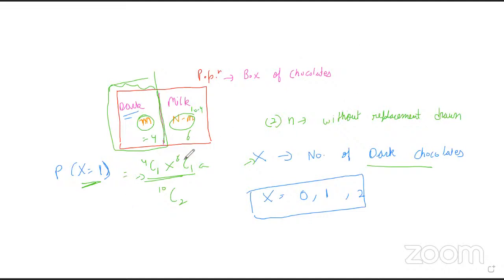But see, you have done this question in weeks 6, 7, 8, right? You have done similar questions using permutation combination, but now you are getting to know the names. You have done a lot of questions, but you were not aware of which distribution you have used. So this is hypergeometric distribution.